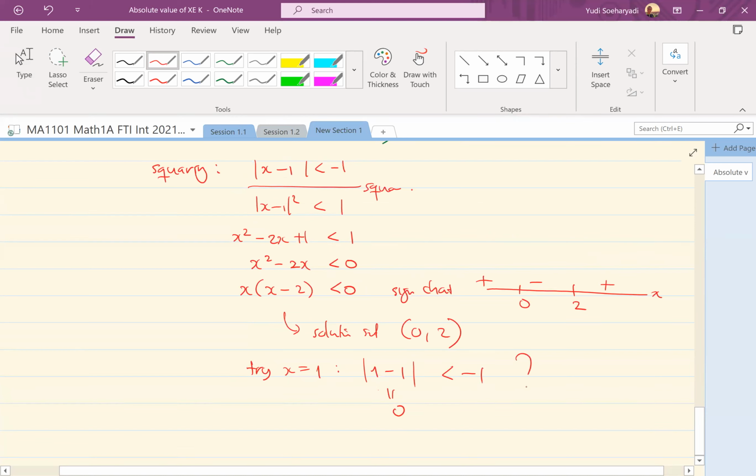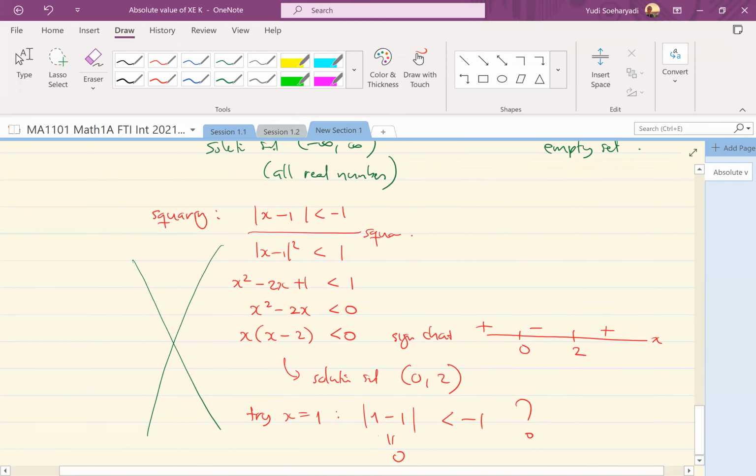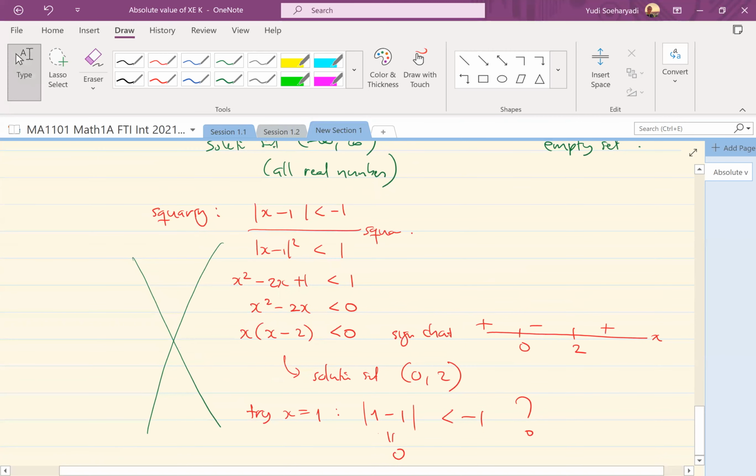So 0 less than negative 1. That's an incorrect answer. So this whole thing is incorrect, actually. So where's the wrong step in the work?